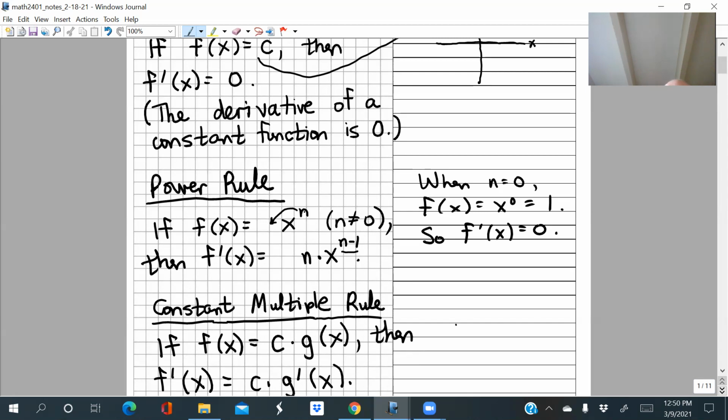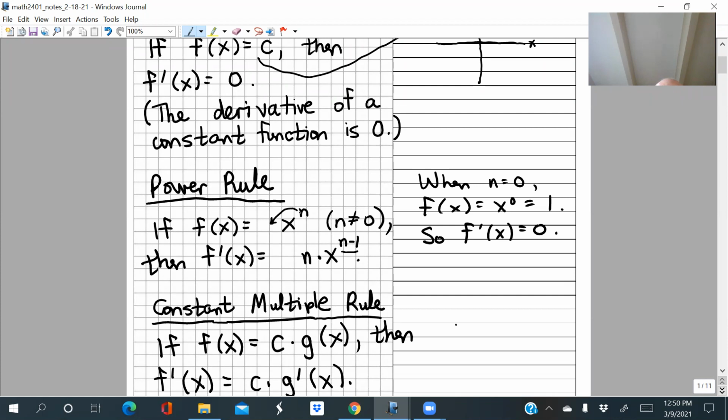So you bring this down and subtract 1. That's how you find the derivative function of a function that is a power. Trust me, we're going to do that process a lot.